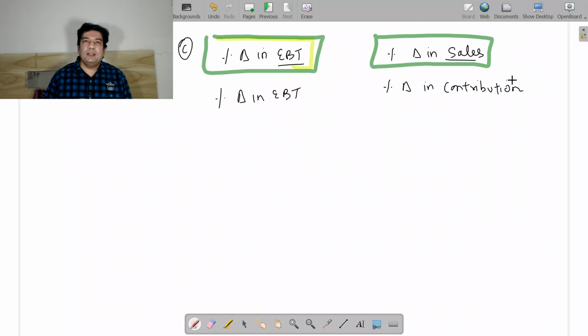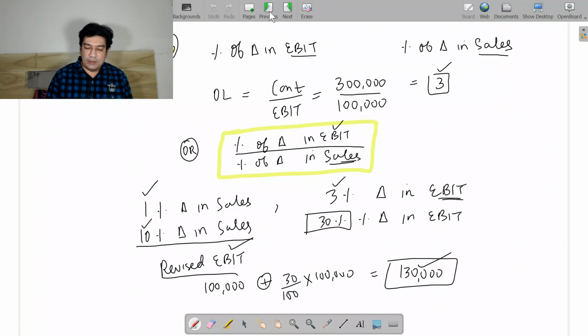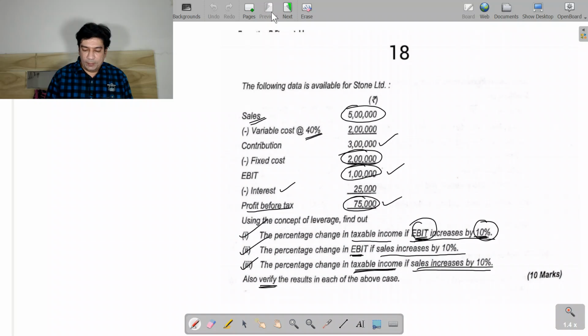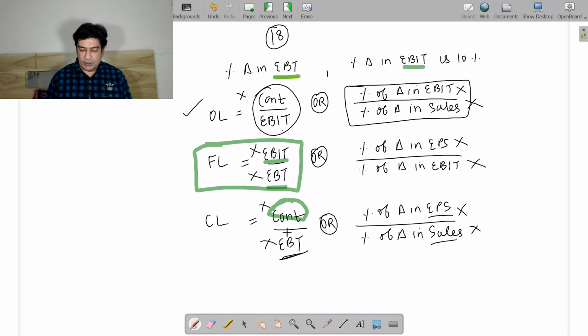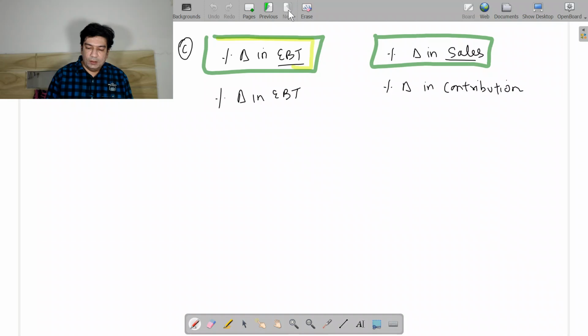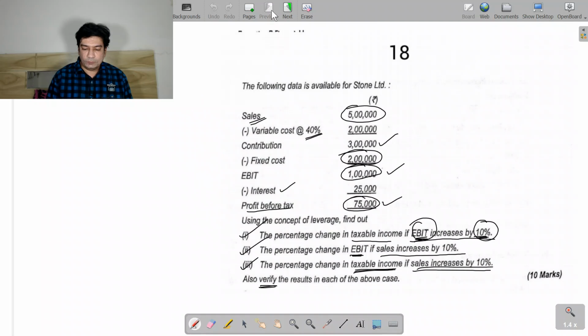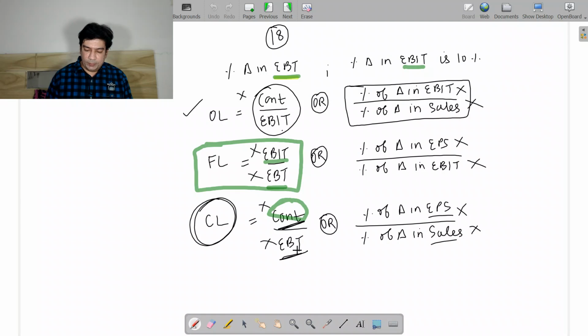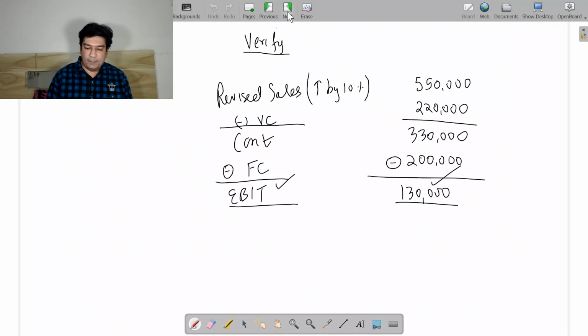So indirectly the question can be interpreted like percentage of change in EBT, and there is a percentage of change in your contribution. Now if you see EBT and contribution, you are able to find it in the formula. So they are talking about combined leverage. So I will be able to use combined leverage, which is contribution divided by EBT.